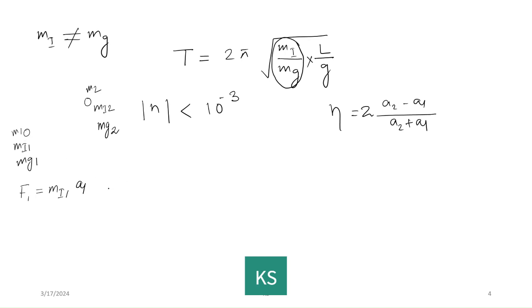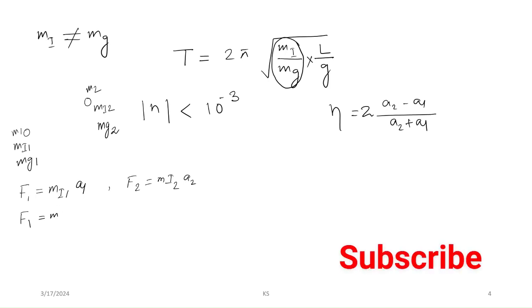Similarly, we'll have F2, which is mi2 A2. And the gravitational force for M1 is mg1 g.